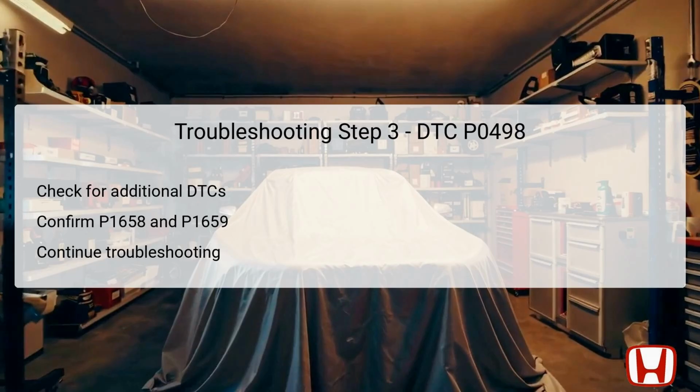If either of these codes is present, it indicates further issues that require immediate attention. In such a case, follow the diagnostics for the specific DTC indicated before returning to address DTC P0498. This step ensures that all related faults are accounted for in the troubleshooting process.